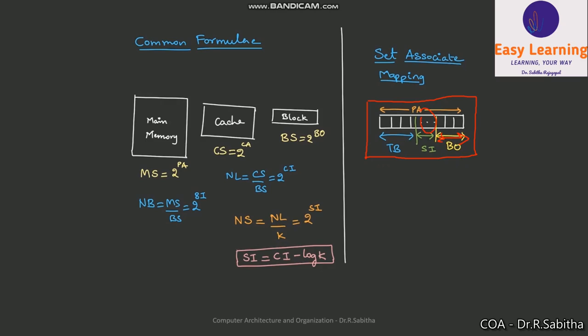If k is 2, you will be using only one bit, which represents either 0 or 1. If k is 4, you will be using 2 bits, which is 00, 01, 10 and 11. And the tag bits depend upon the most significant bits of your block index. This is how set associative mapping is helpful in mapping the blocks from the main memory to the cache.